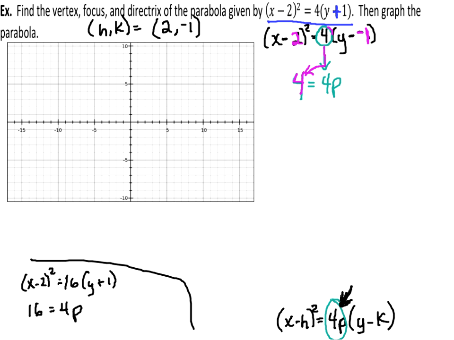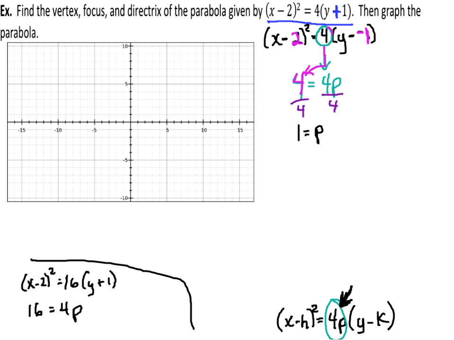Great. We'll move on. Okay, so once again, I'm trying to solve for p. So I divide 4 off of both sides, and I'm left with 1 equals p. Actually, I shouldn't have written h, k at the top because h, k doesn't apply since we're not centered at the origin.